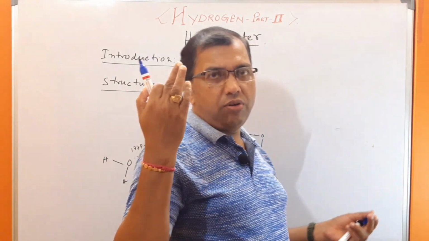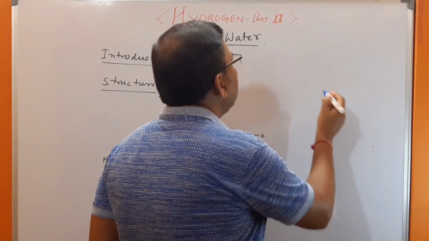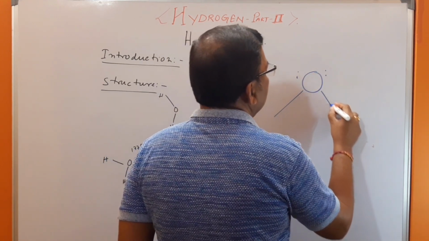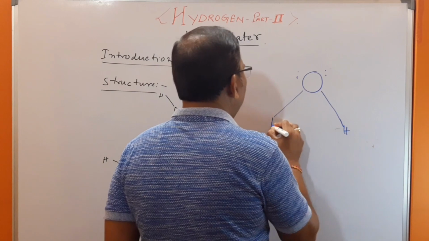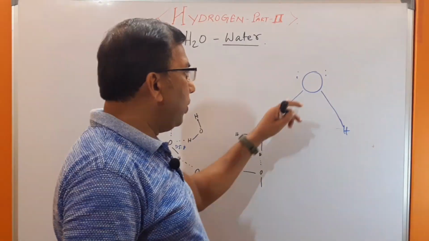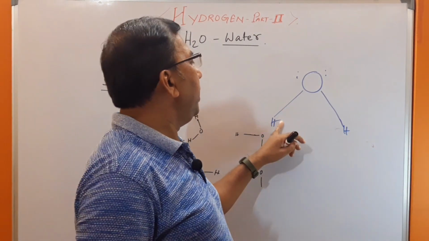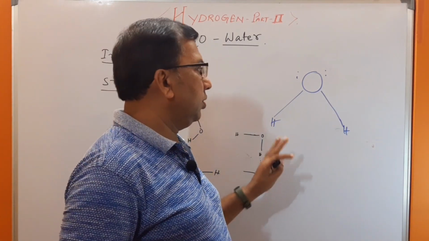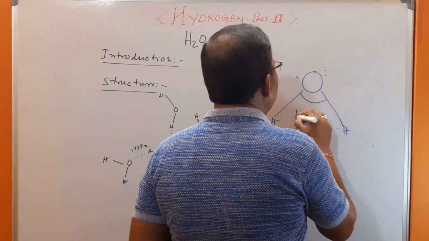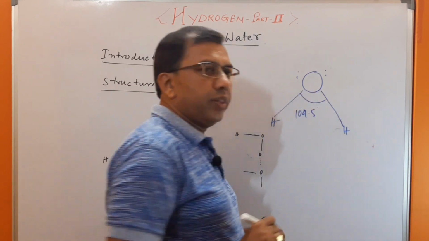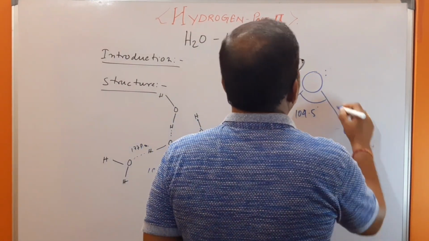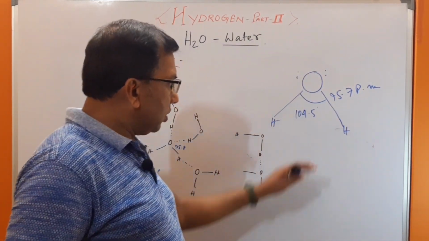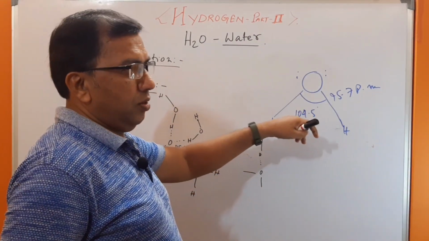In the structure of the water molecule, two hydrogen atoms are bonded with the oxygen atom by two covalent bonds. The angle between these covalent bonds is 104.5 degrees, and the bond length is 95.7 picometer. Clear? So this is a bent or V-shaped structure.